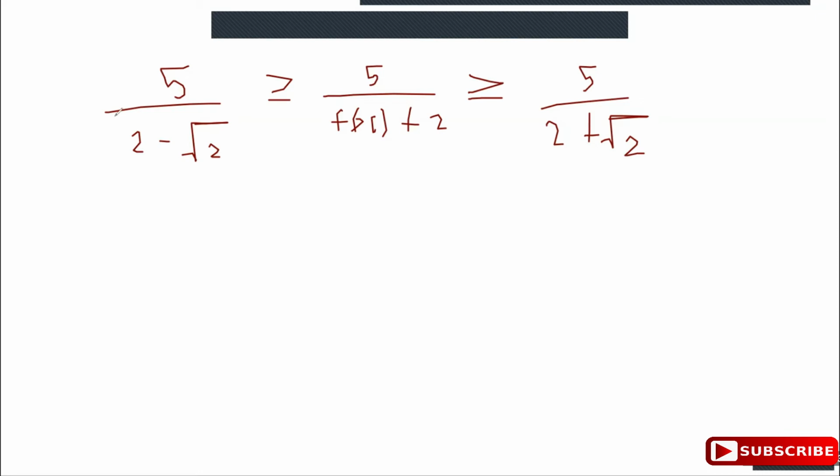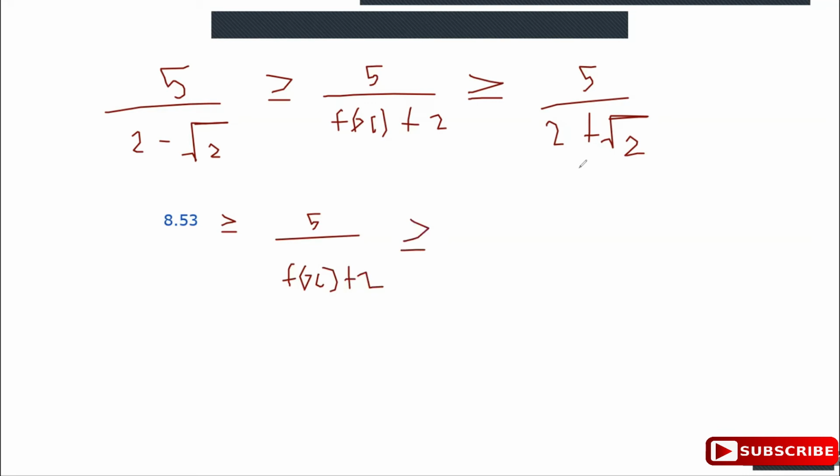by that, in reality that is 8.53. So in reality, this part works out to be 8.53. Let's write that a little bit better. So we can say that 8.53 is greater than or equal to 5 over f of x plus 2, and then it is actually greater than or equal to 5 over 2 plus root 2.